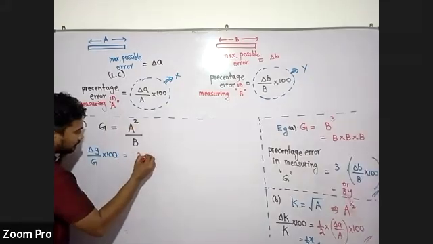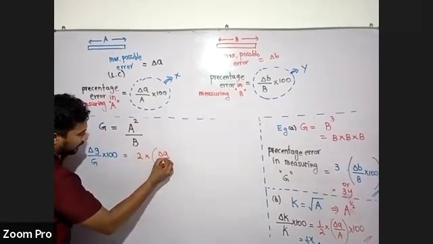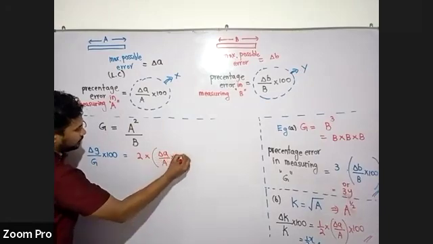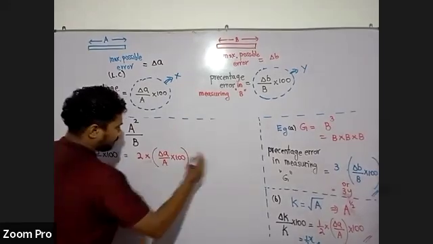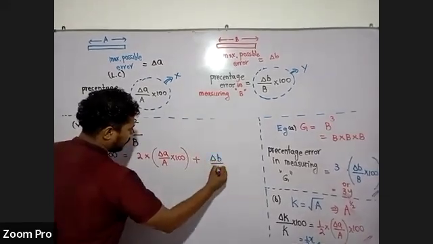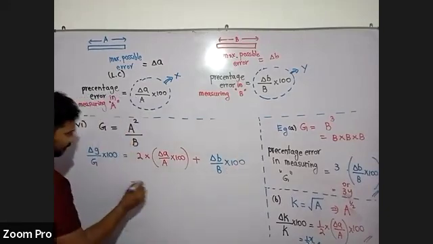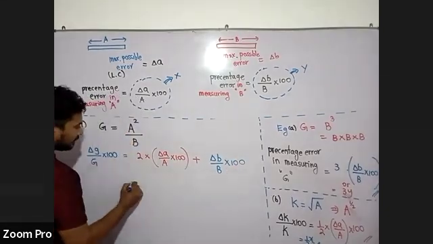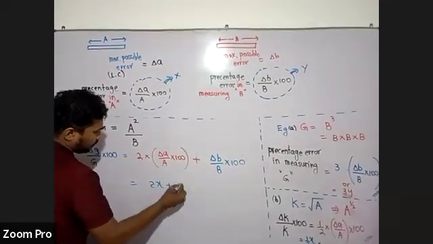That is 3 multiplied by delta A over A into 100, plus delta B over capital B into 100. On the other hand, this can be written as 3x plus y.